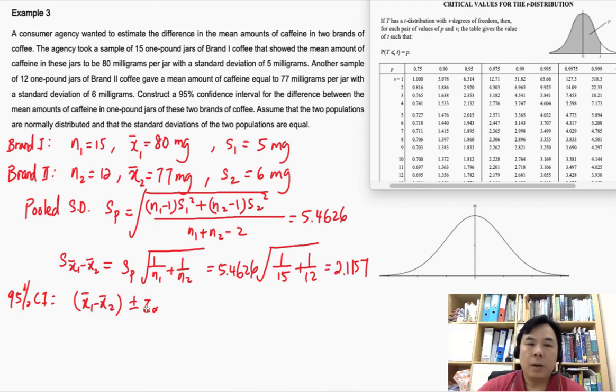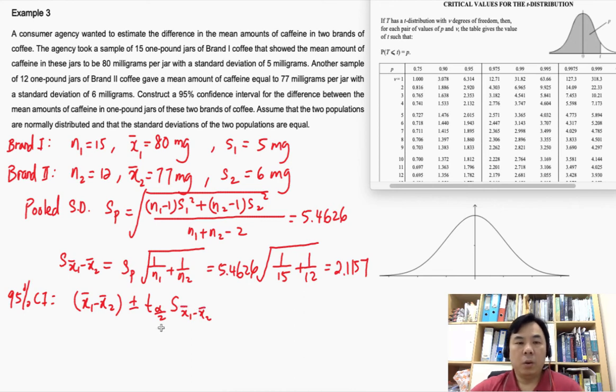Oops. I shouldn't be using a standard normal distribution here. I should be using T distribution because the standard deviations for both the populations are not given there. Right. So please be wary of that. So it should be T distribution and then multiply by the margin of error.